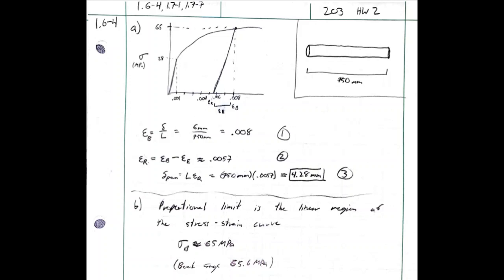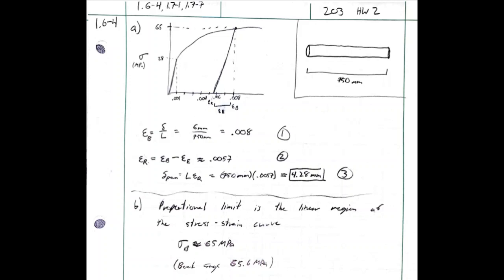But now our bar is going to follow the same path up that it took down when we released it and it had some elastic recovery. So the new proportional limit is 65 megapascals, which was what equated to our strain of 0.008.